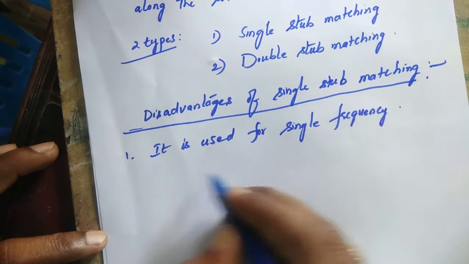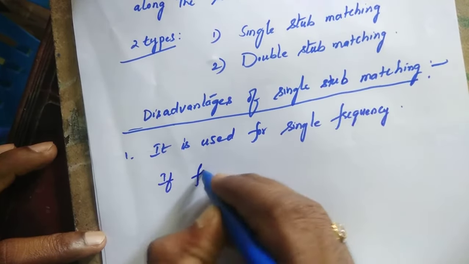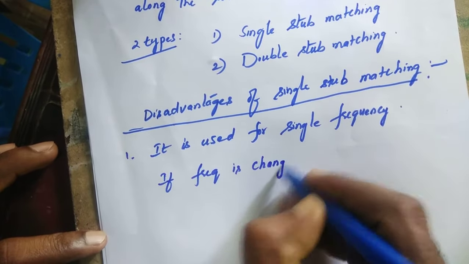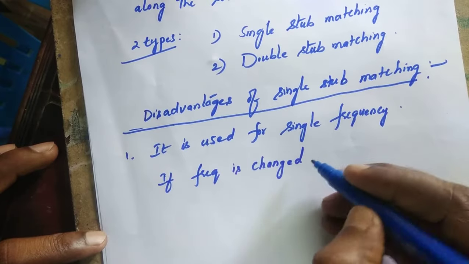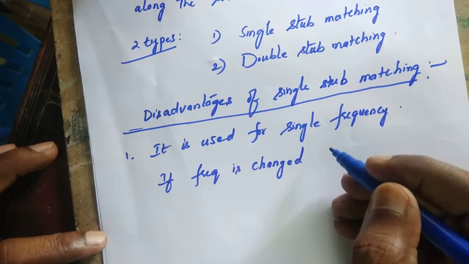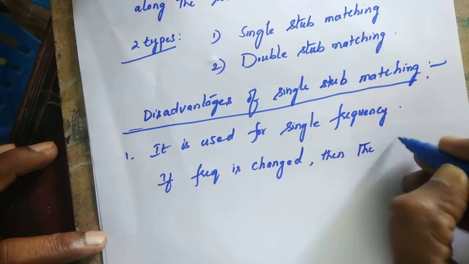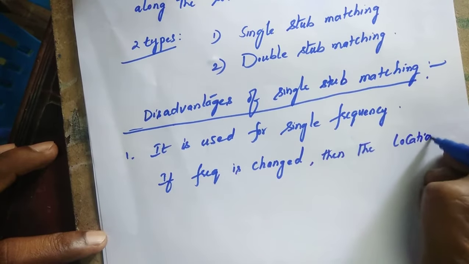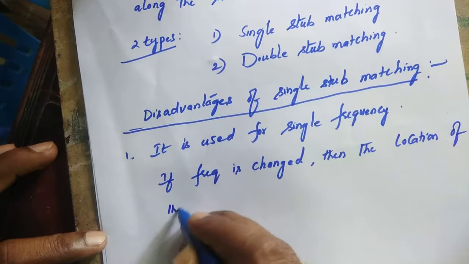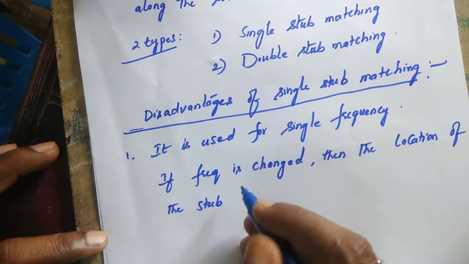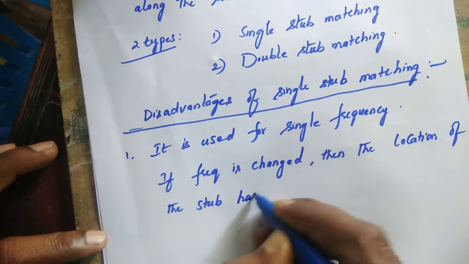If the frequency is changed, then the location of the stub has to be changed.